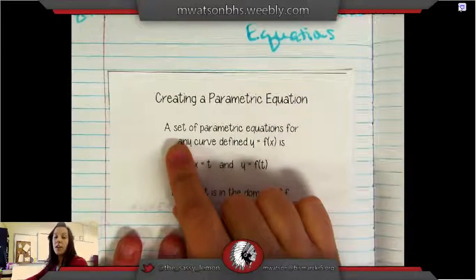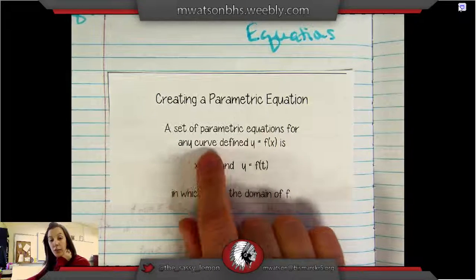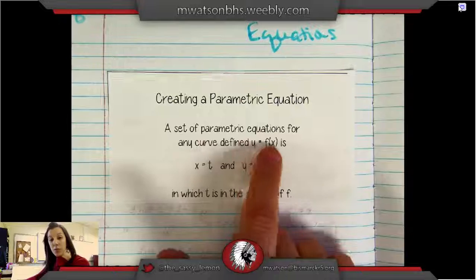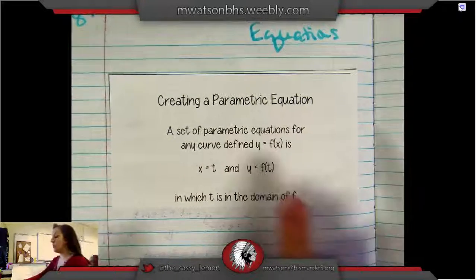So you can see here in your foldable it says a set of parametric equations for any curve defined y equals f of x is, and then it gives you 2 equations.